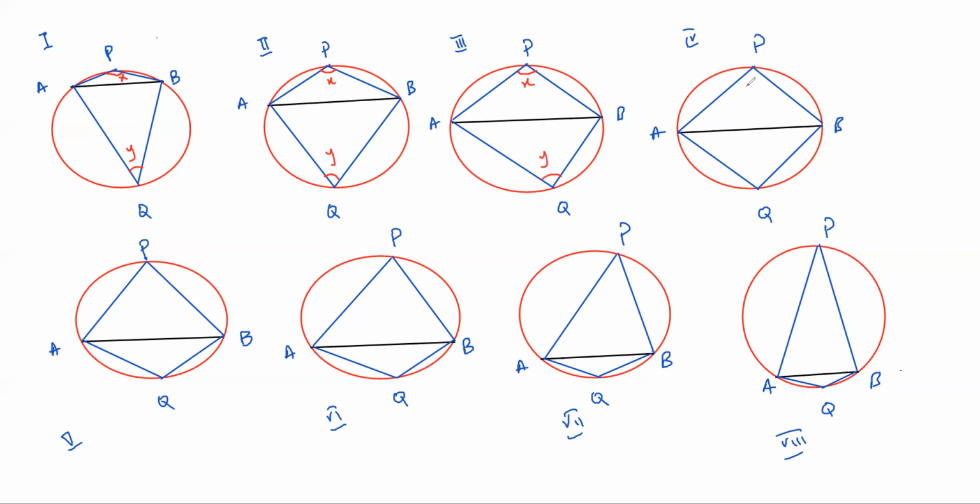What is happening to these angles X and Y? Yes, Malaika, tell me. First of all, what do you notice in the value of this angle X from diagram 1 to diagram number 8? What do you observe? What is happening to the X?